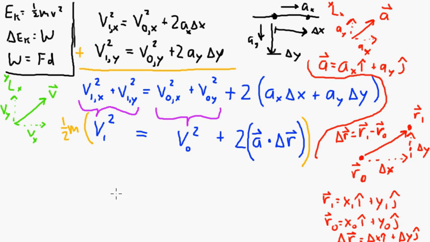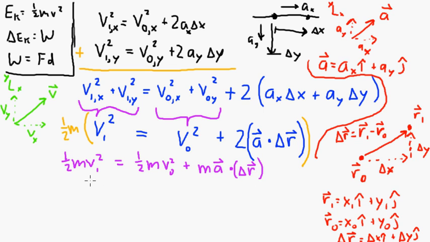So what we get out of that, I'm going to do this in purple now, just to be changing colors, is 1/2 m v1 squared equals 1/2 m v naught squared plus 1/2 m times this. Well, 1/2 cancels the 2, so it's just m a dot delta r.